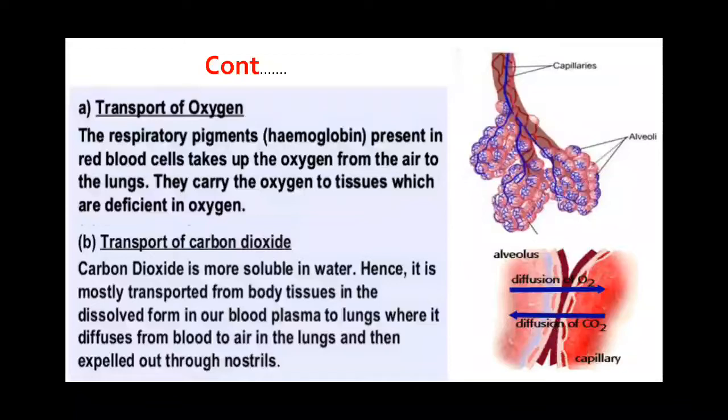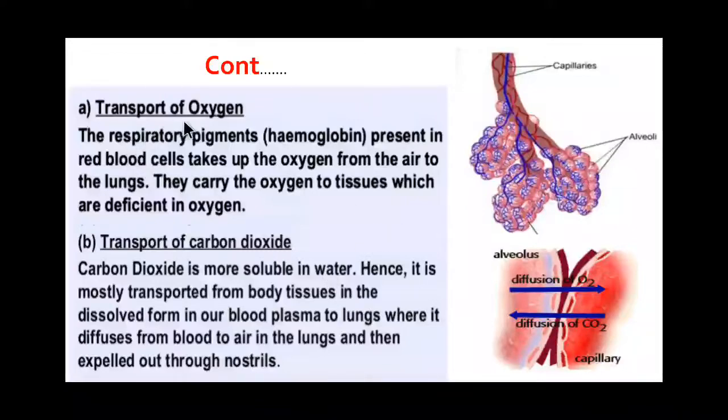Oxygen will move from blood to the tissue by the physical process of diffusion, and similarly carbon dioxide concentration is more in tissue and less in blood. So the carbon dioxide moves from tissue to the blood, and this process is called internal respiration. Okay, and the blood now becomes deoxygenated. So exchange of gases in tissues we have discussed.